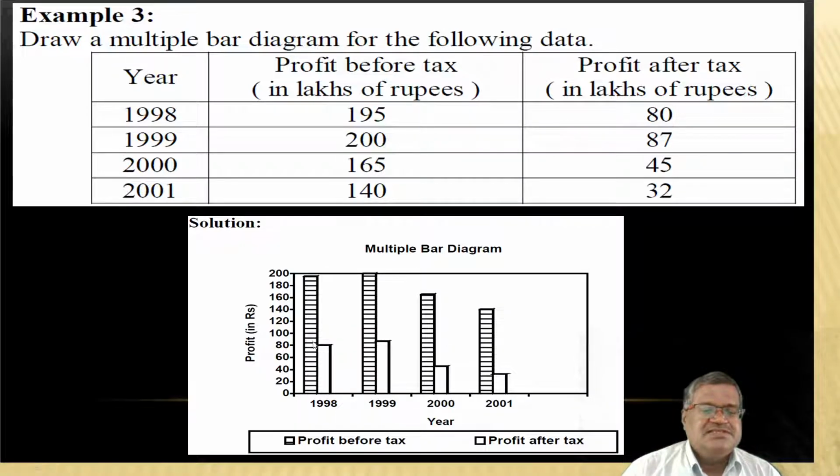Here, the lined bar is the marking for before tax, and the blank is after tax, after increasing the tax amount. In 1999, there is 200 lakhs before tax and 87 lakhs after. In 2000, 165 before tax, after tax it is 45, like that. This is a multiple bar diagram.